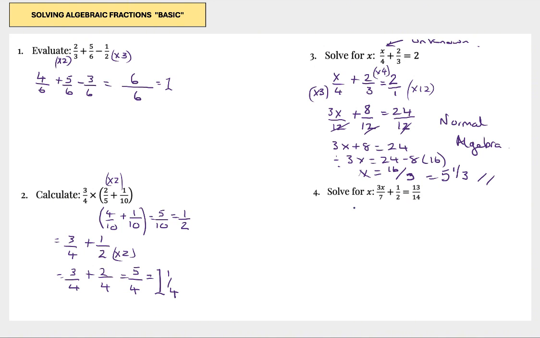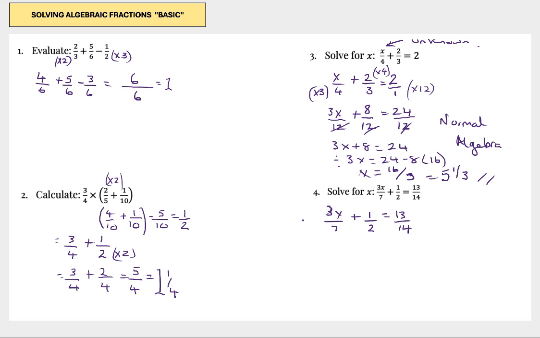Same again, we've got 3x plus 1 over 2, and it gives us our fraction. So we need to get it to 14, because that's the lowest common multiple they all go into.